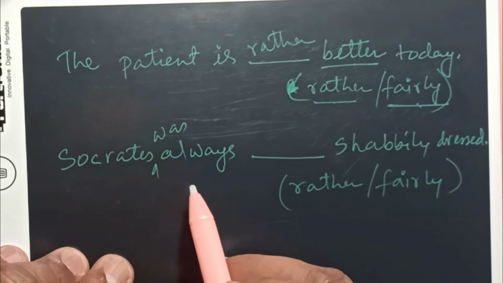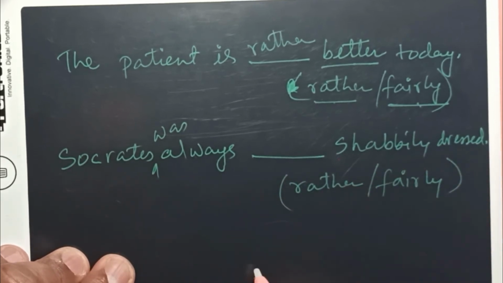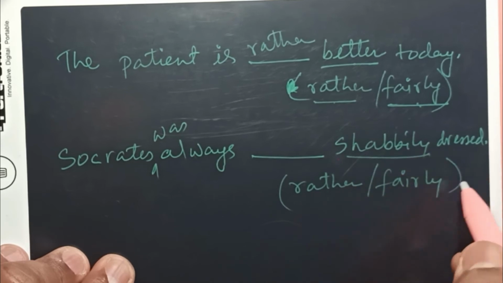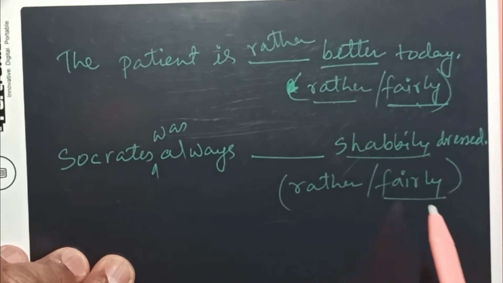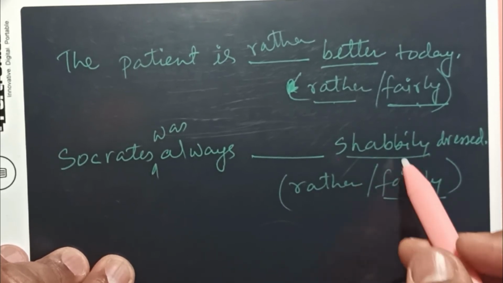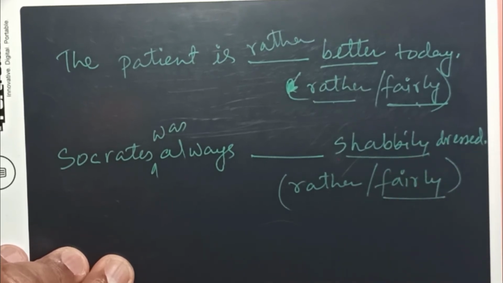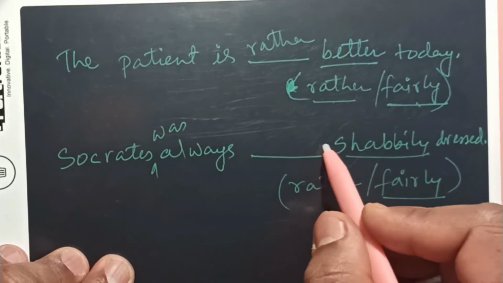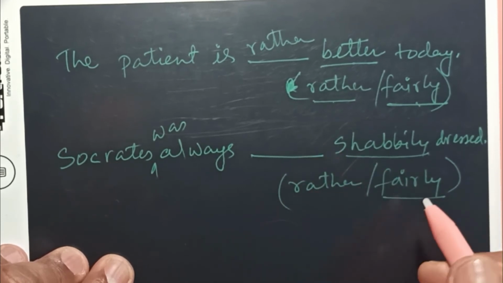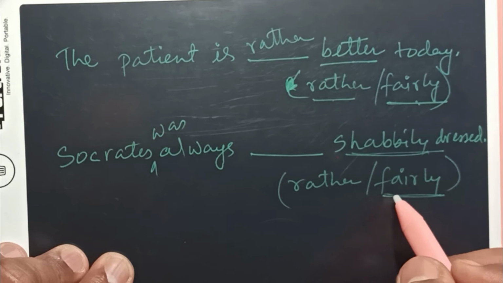In this case, Socrates always dash shabbily dressed. Shabbily and fairly both are opposite to each other and both are adverbs. Now two adverbs will not sit together. This is one thing, and then we could use fairly shabby.